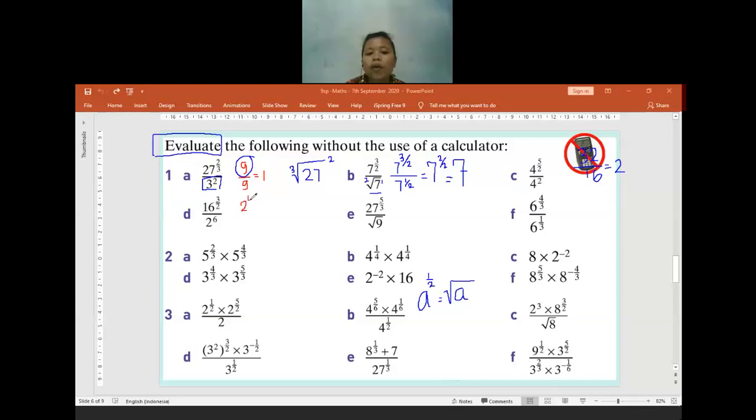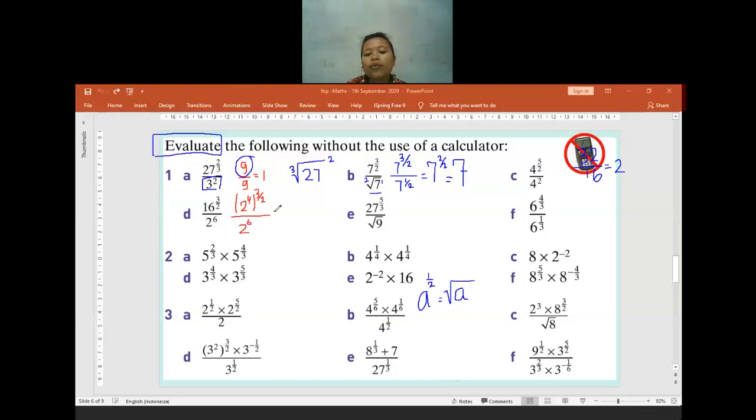Okay. So in here, for the 16, I will change it into 2 to the power of 4, get another power 3 per 2. I will write it as 3 per 2 because sometimes when you change all of the index number into a whole number, the calculation will be big, so you can keep it as index number.